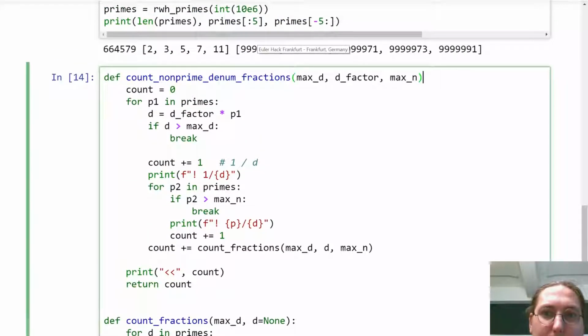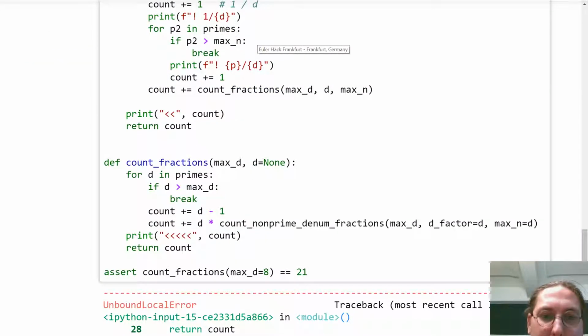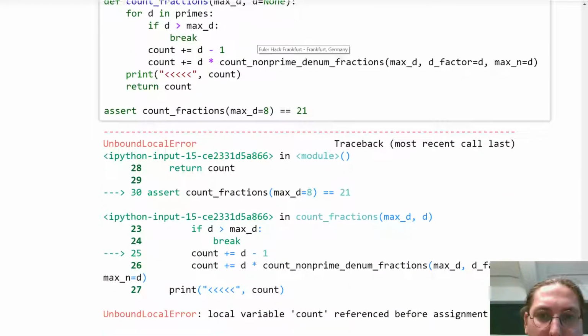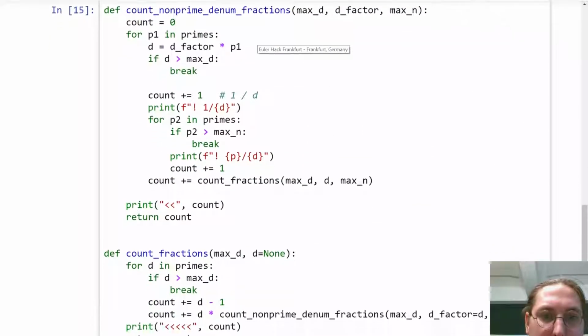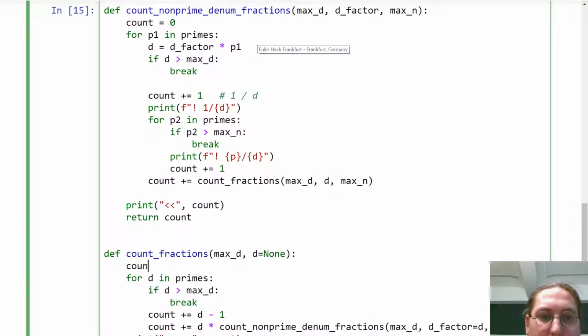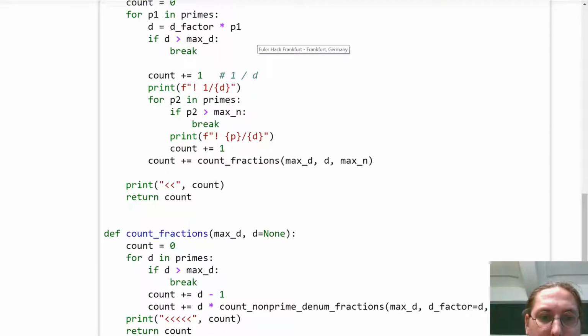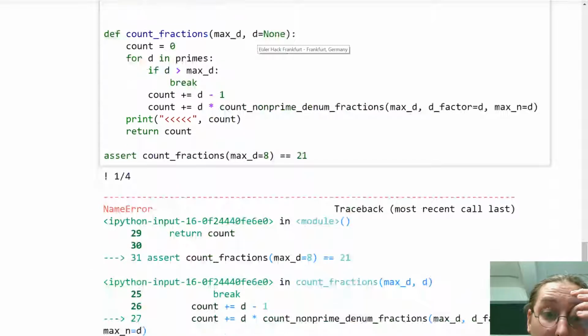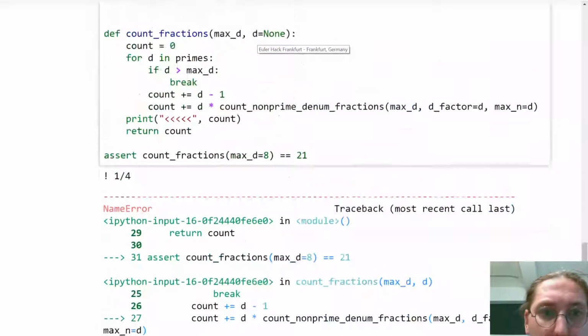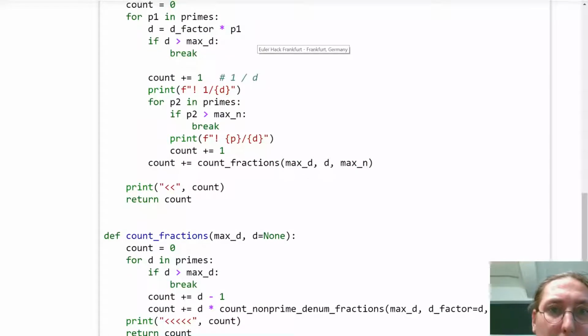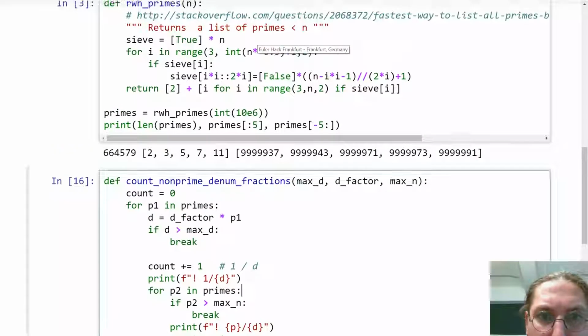Minor issue. Is it true for the 10 times the 3? 30. Yeah.